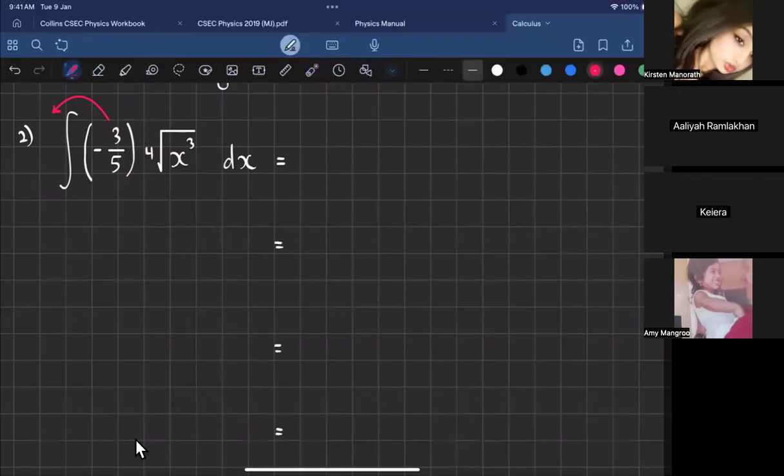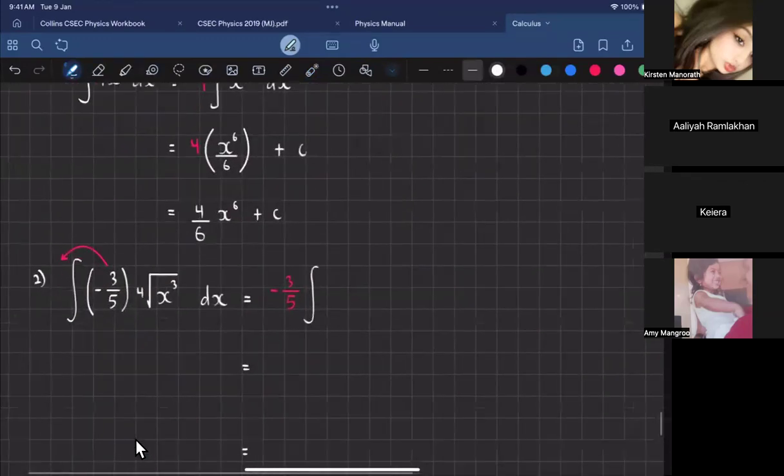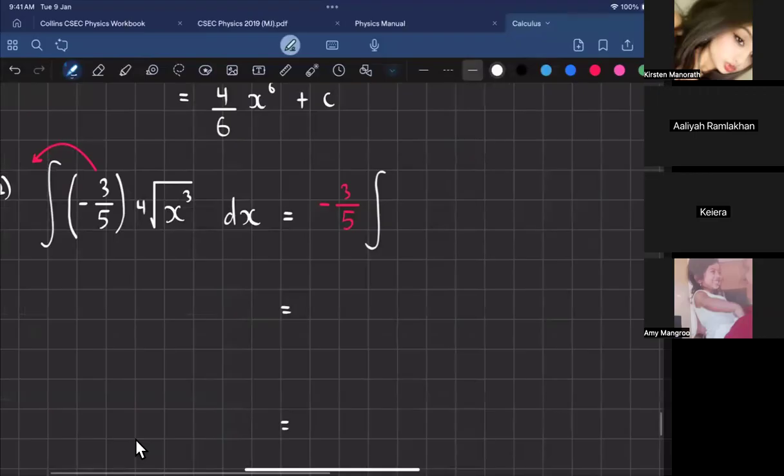First thing you do, you're going to pull out the minus 3/5. Because what do you call it, Alia? What's minus 3/5? It doesn't have any x in it. It's a constant, a coefficient.